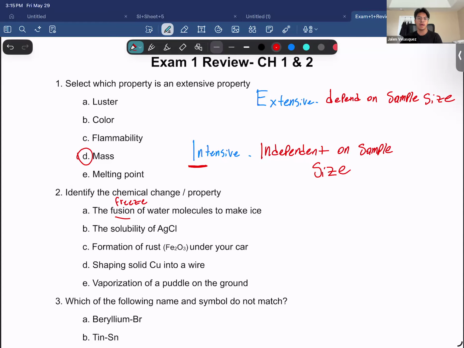So what here is chemical? Good. It should be C, the formation of rust. Okay. So a chemical change is going to change the identity of that substance. Chemical changes usually are not reversible.